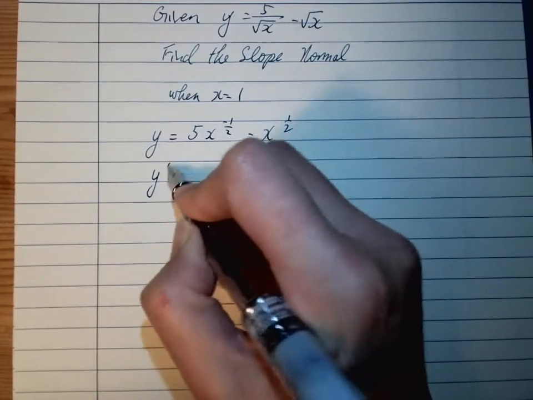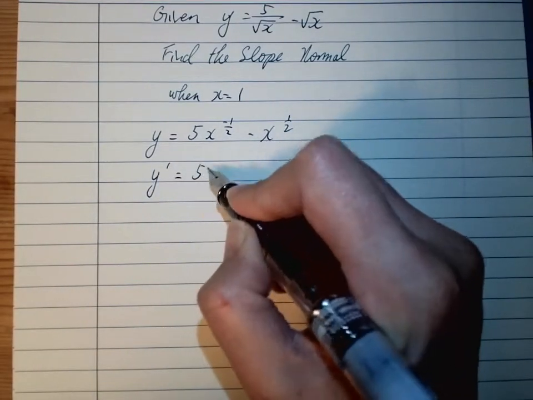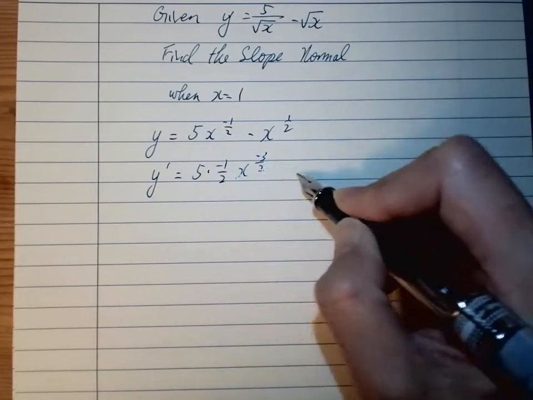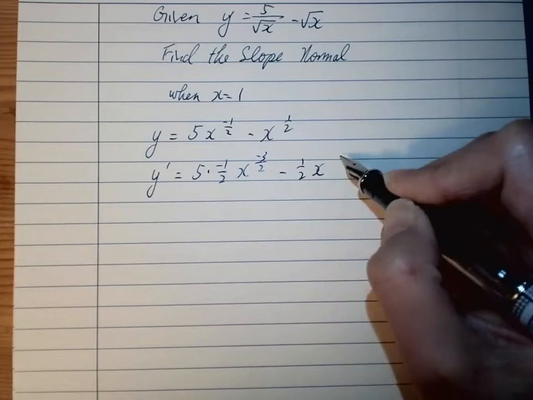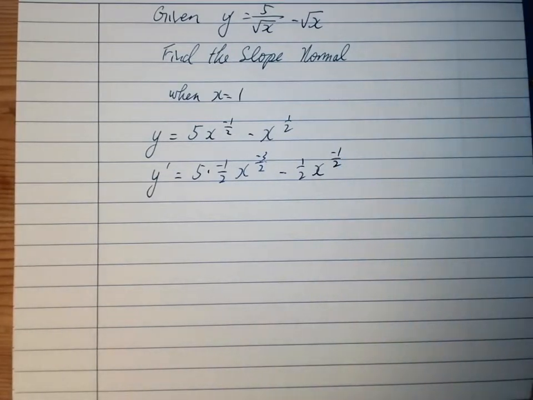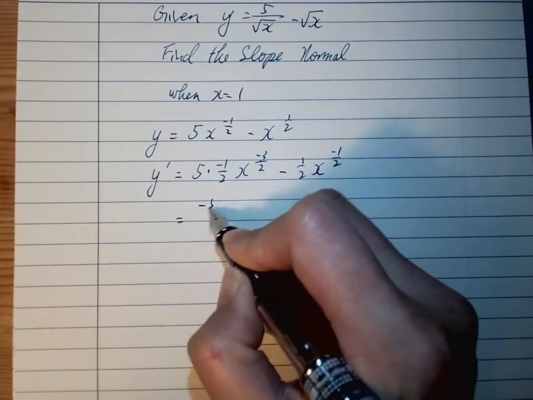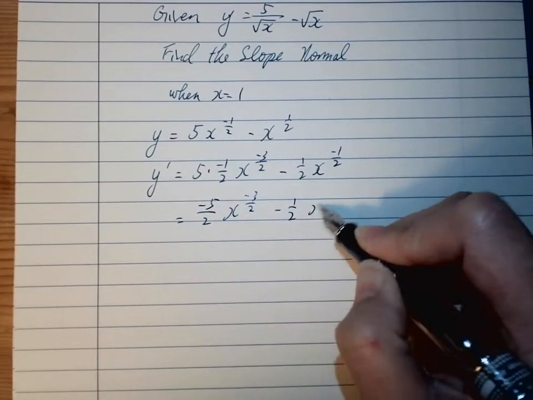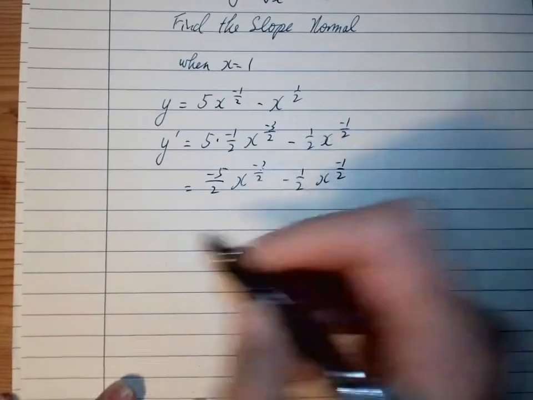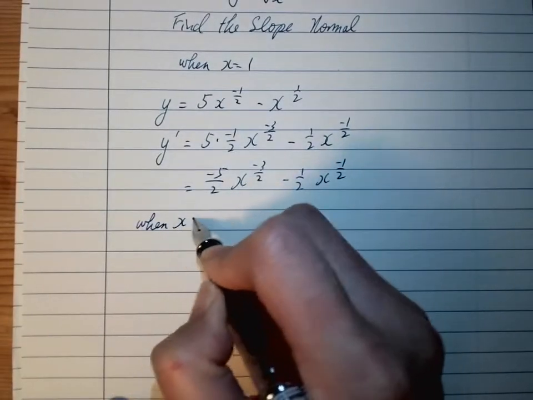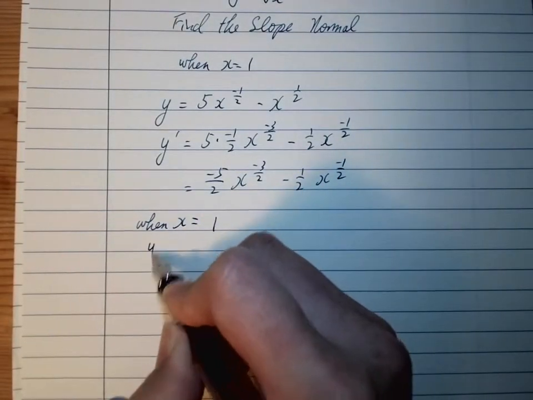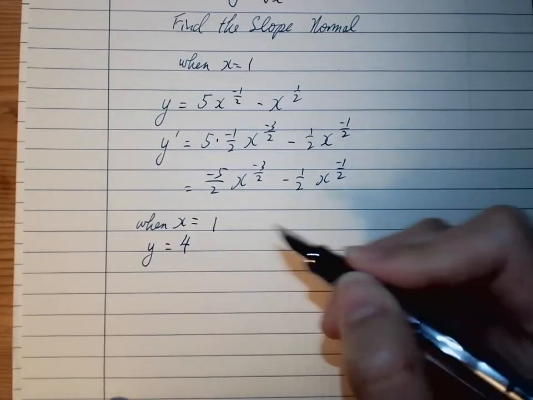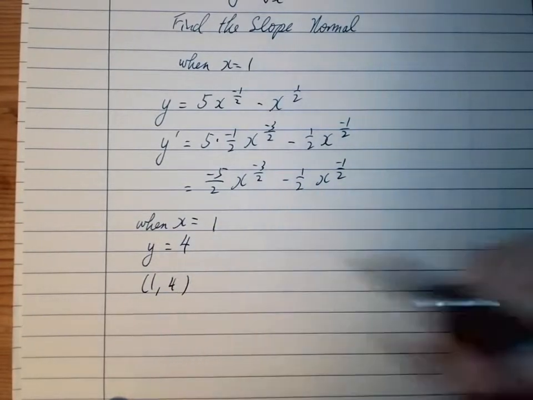Then we differentiate it. So when x equals 1, y should be equal to 5 over 1 minus 1, so 5 minus 1, which is 4. Our point is (1, 4) there.